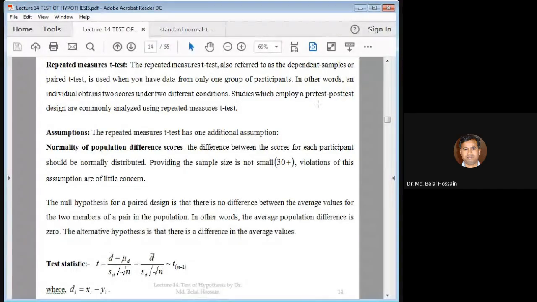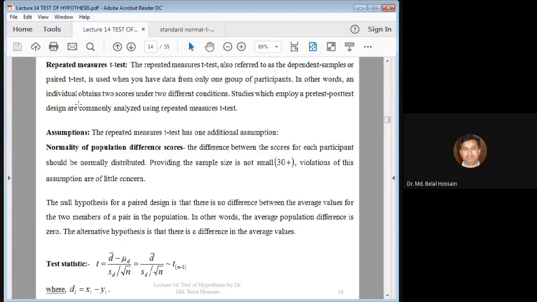Okay, so those values are correlated, not independent. So in that situation we will use this pair t-test, we call it, in another way, repeated measures t-test. Okay, in general it is known as pair t-test because these values before and after will make a pair value.